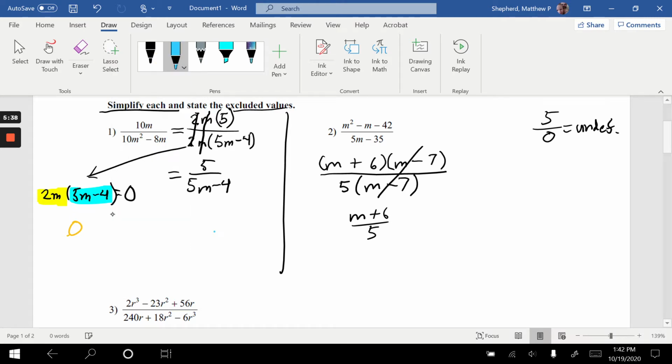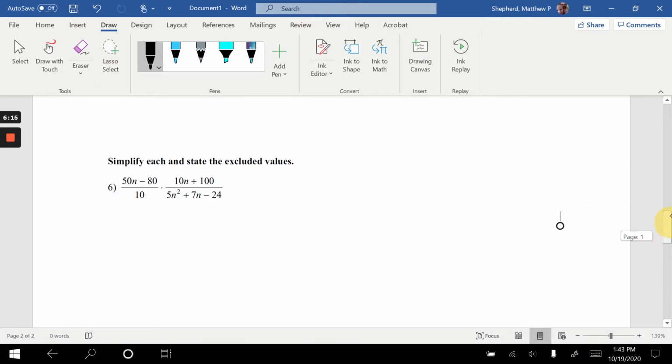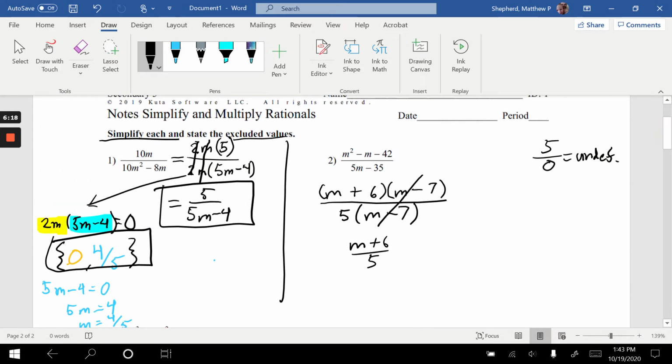We want to know when that would equal 0, so let's go ahead and do 5m minus 4 equals 0. We could add a 4 to both sides, then we'd have 5m is equal to a 4. Divide both sides by 5, and m would equal 4/5. So then 4/5 becomes the other excluded value. All right, so that and that are both part of our final answers.